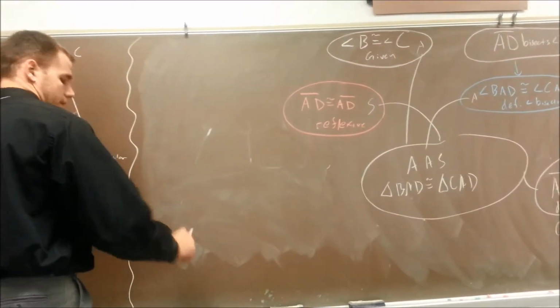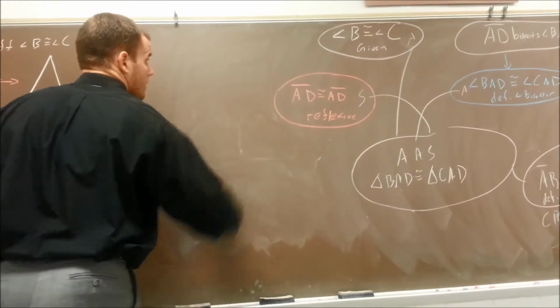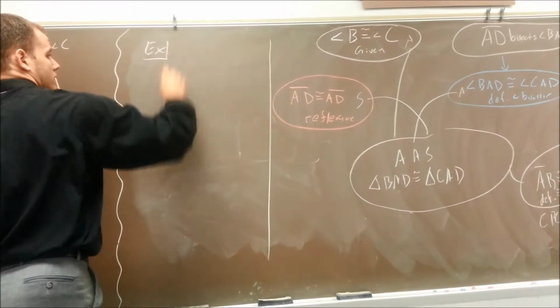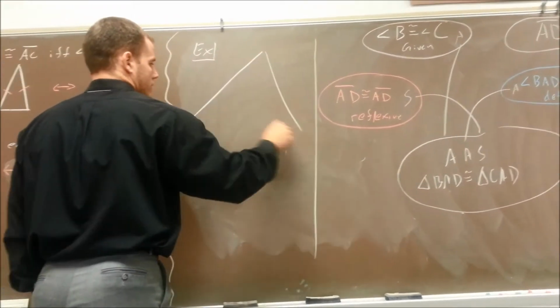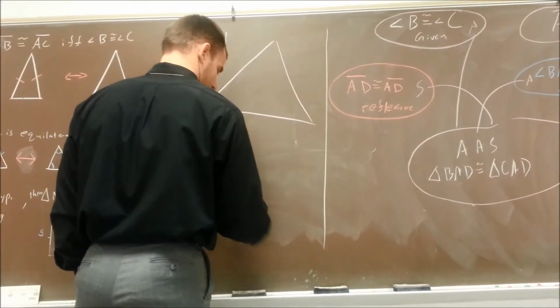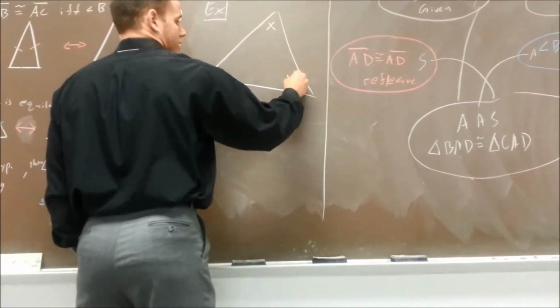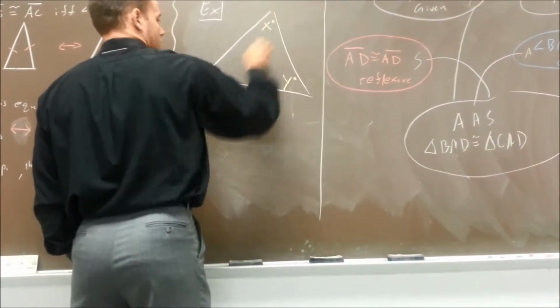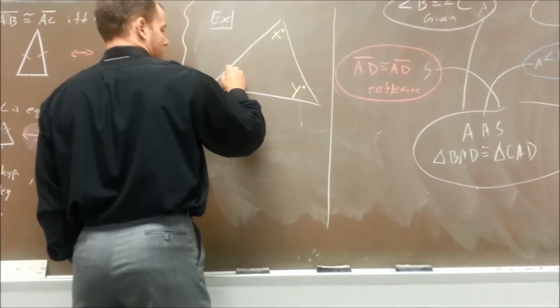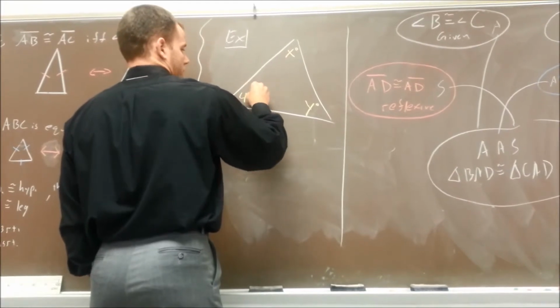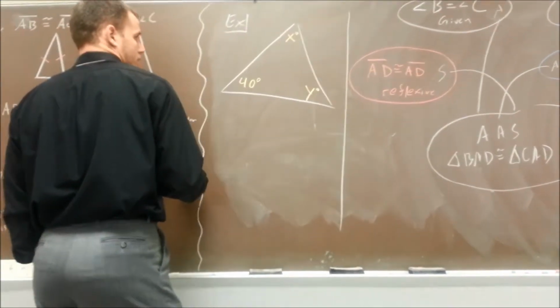All right. Put an example up here. Leave the right side up for anybody who's still copying. Example problem. This is X, this is Y. We'll go with 40 degrees.